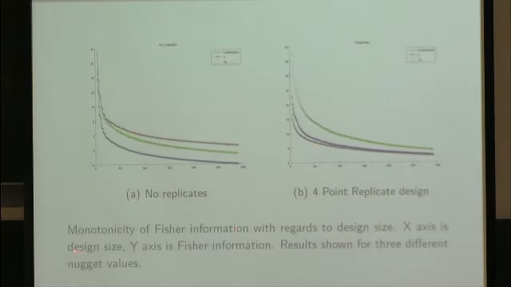As you increase the design size for 3 different noise levels, we see that the monotonicity holds with respect to the design size. We have some theoretical results for specific cases, for an OU kernel, etc., where this monotonicity with respect to the design size holds.